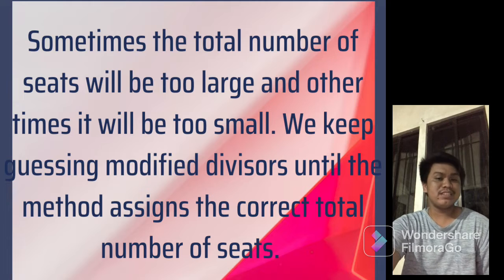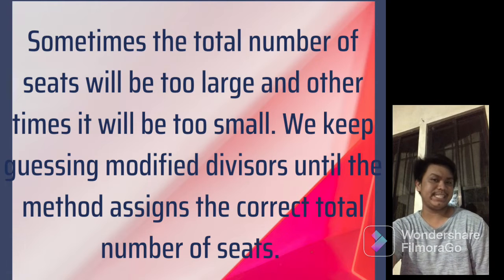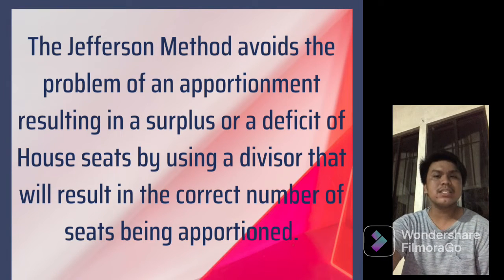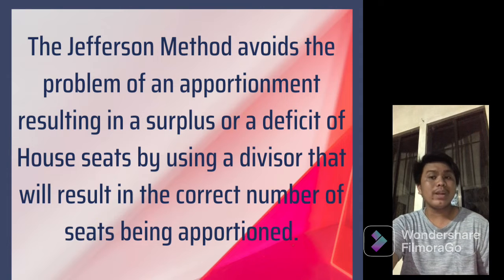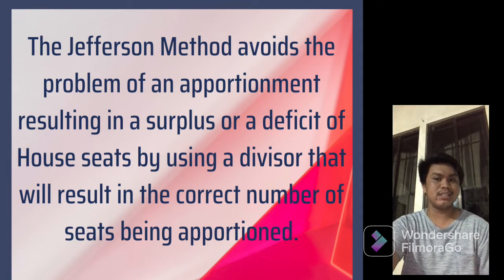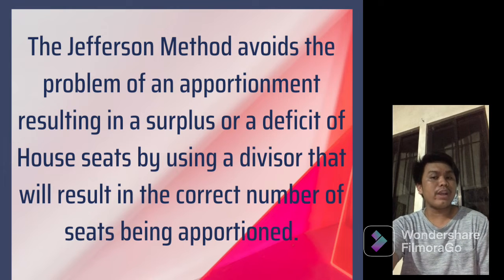We keep guessing modified divisors until the method assigns the correct total number of seats. Likewise, the Jefferson method avoids the problem of an apportionment resulting in a surplus or a deficit of house seats using a divisor that will result in the correct number of seats being apportioned.